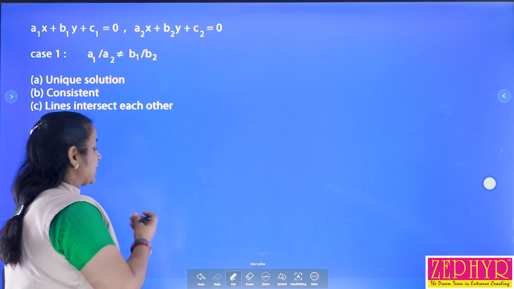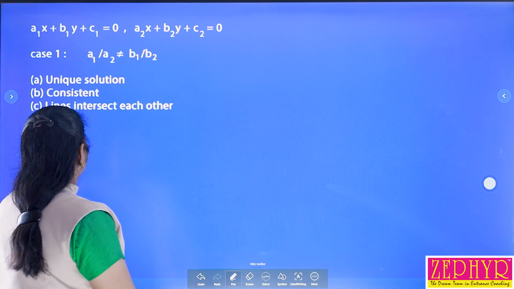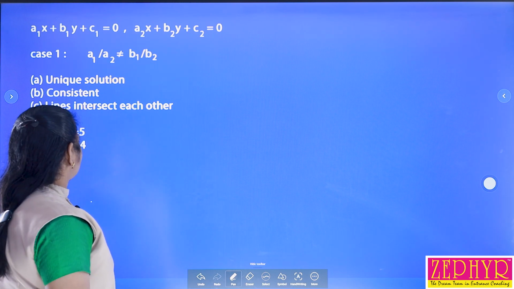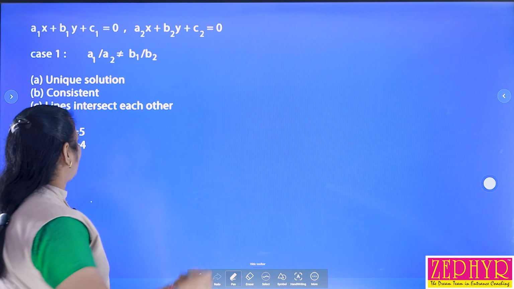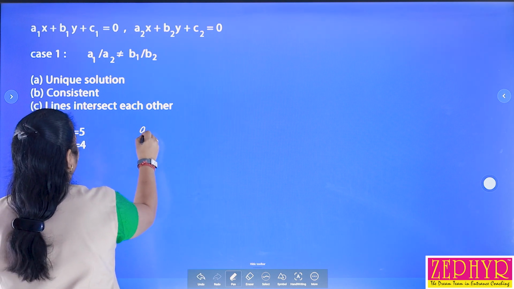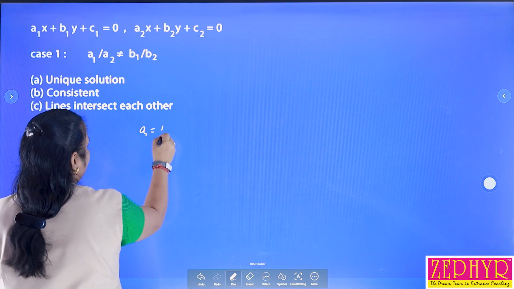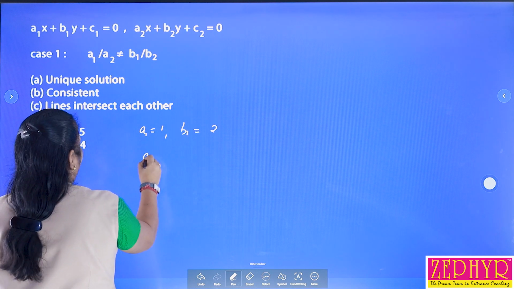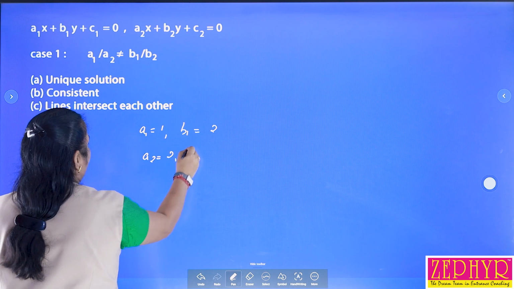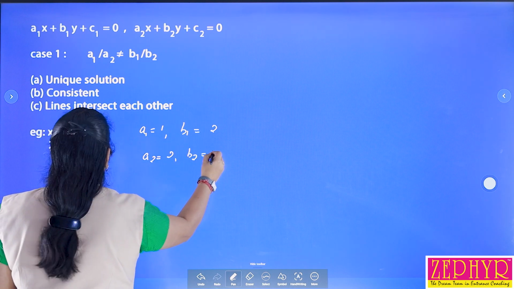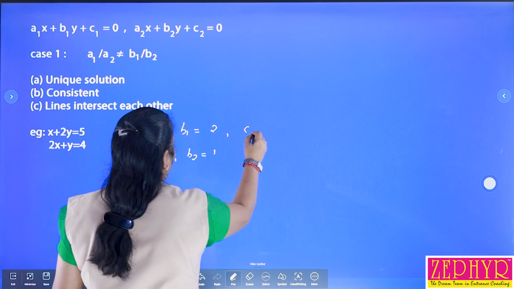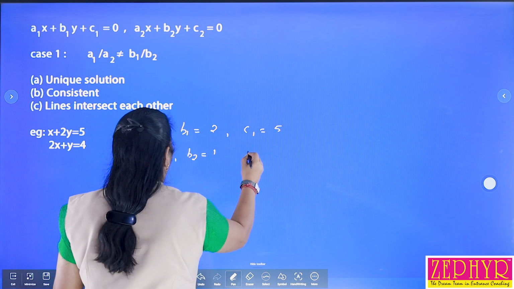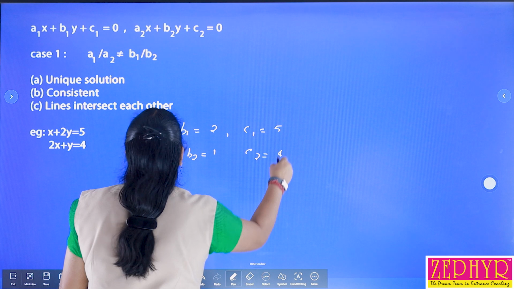For example, consider these two lines. x plus 2y is equal to 5 is a linear equation, and the other one is 2x plus y is equal to 4. So here a1 is equal to 1, b1 is equal to 2, a2 is equal to 2, and b2 is equal to 1. c1 is 5, and c2 is equal to 4.